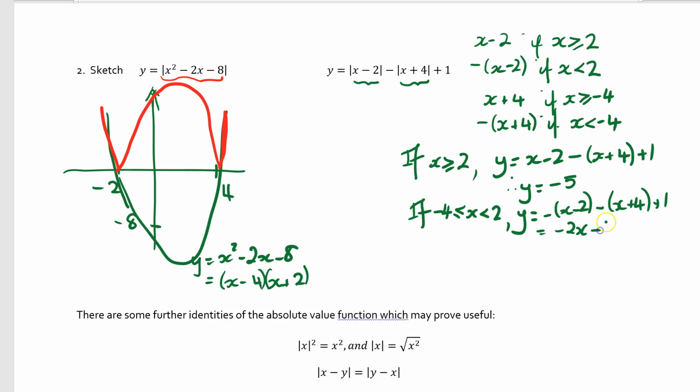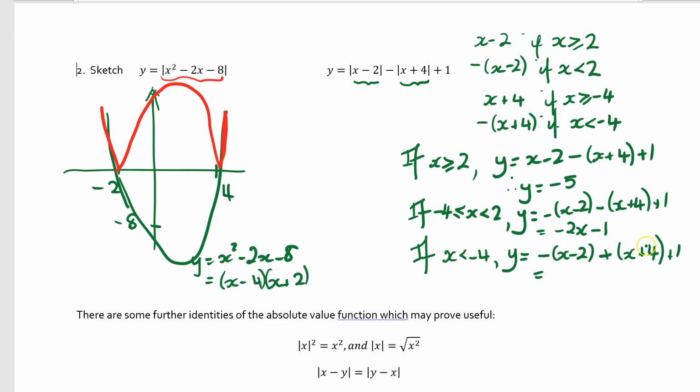And finally, our last case, if x is actually less than negative 4, then y will become minus of x minus 2, because if it's less than minus 4, it's definitely less than 2, minus of x plus 4, plus 1, which is then going to equal minus x plus 2 minus x minus 4 plus 1. Hmm, the x's are gone.